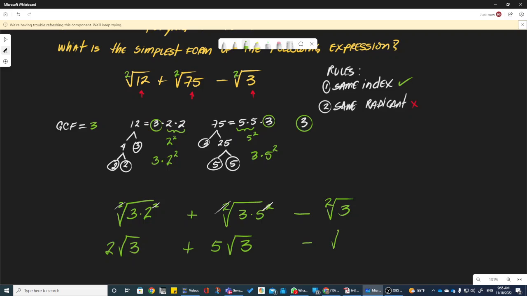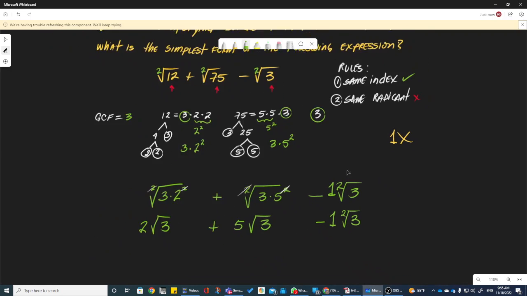And then 3 stays inside in here, and just as when you see an X and you don't see a number, you put a 1. Then you put a 1 in here, like that.